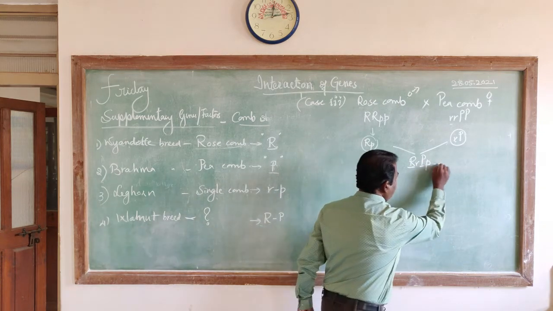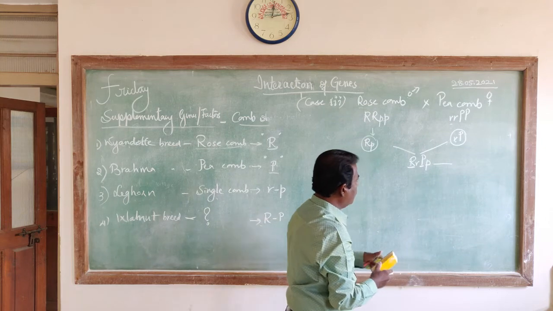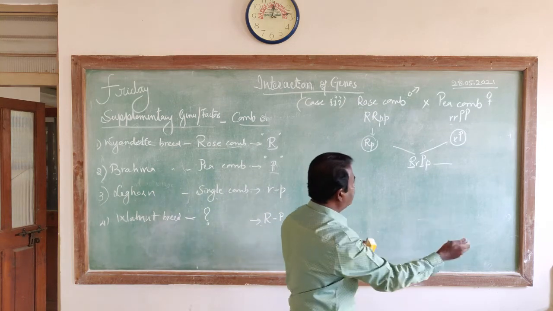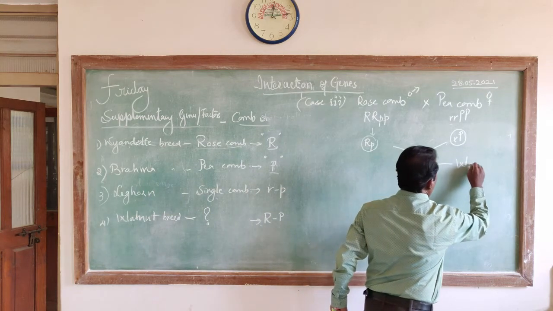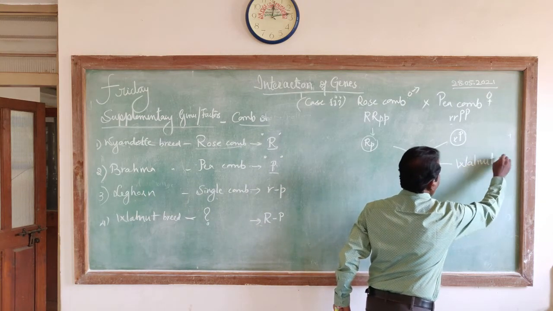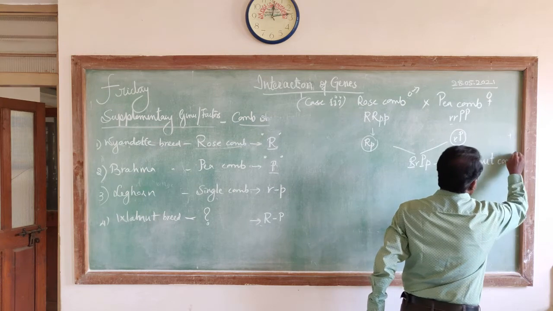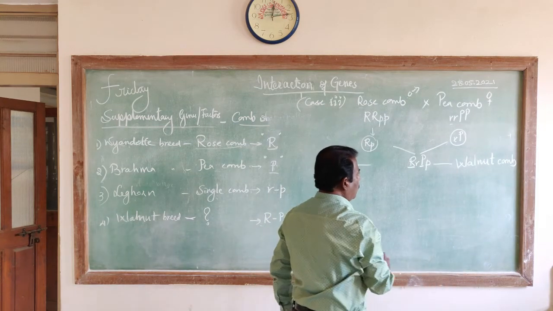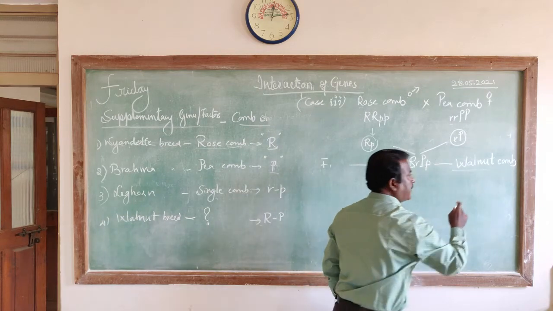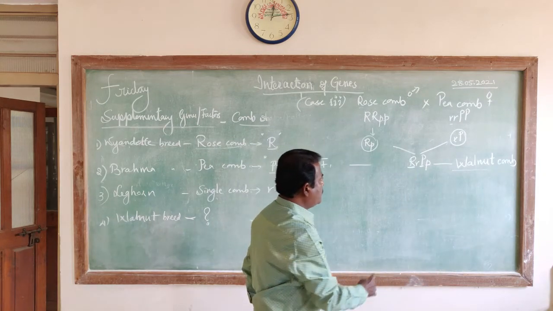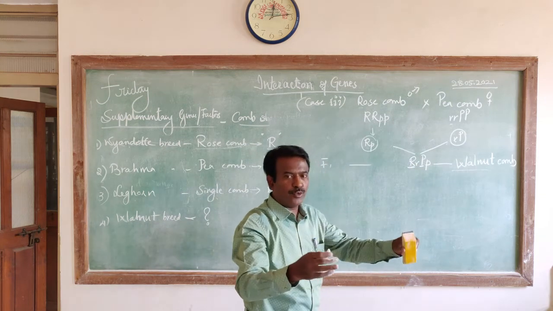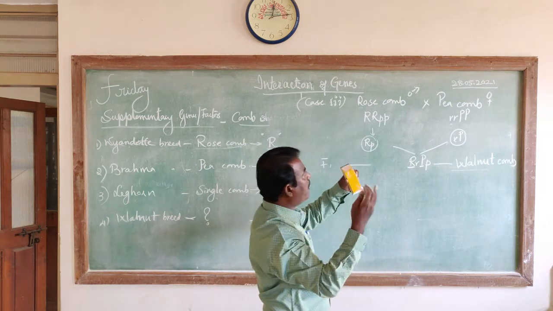Neither do we get the phenotype for this genotype as rose or pea comb. It is something different. We call it walnut comb. In this F1 generation, the phenotypical character expressed by genotype like capital R, capital P, small p is something new, something different from rose comb and pea comb.